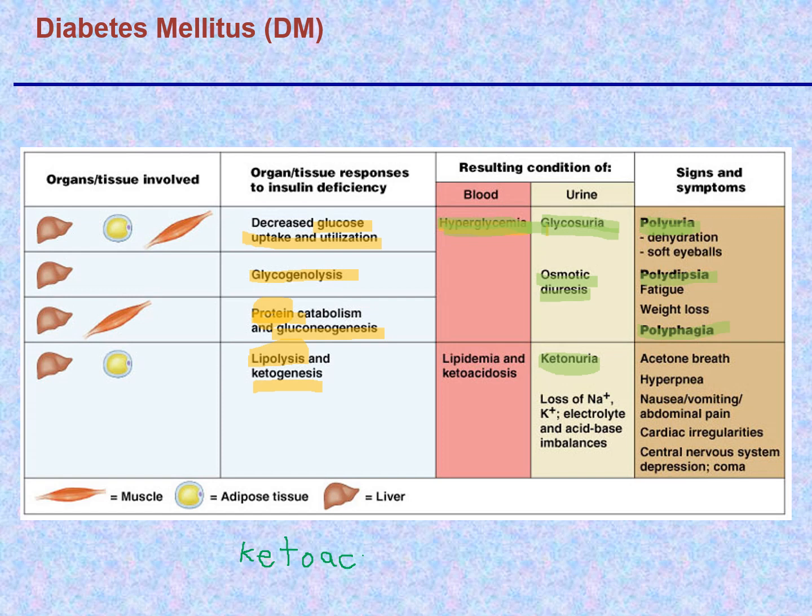And ketones are acidic, so the high levels of ketones in the plasma cause ketoacidosis. That's a characteristic of uncontrolled diabetes.